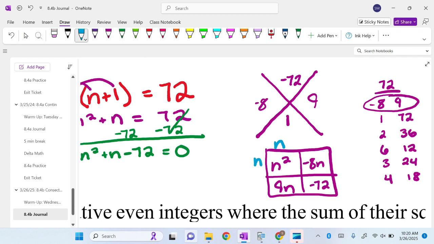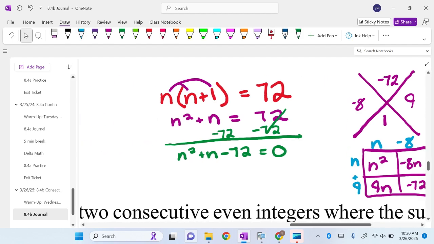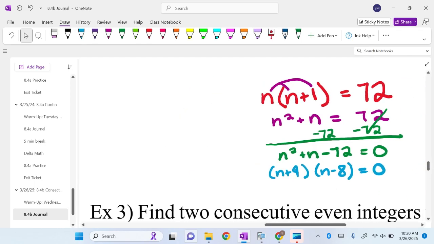So it doesn't matter where we put the n's because they're the same thing. N times what gives you negative 8n? Negative 8. N times what gives you 9n? Plus 9. Good. So my two factors are n plus 9 times n minus 8 equal to 0.